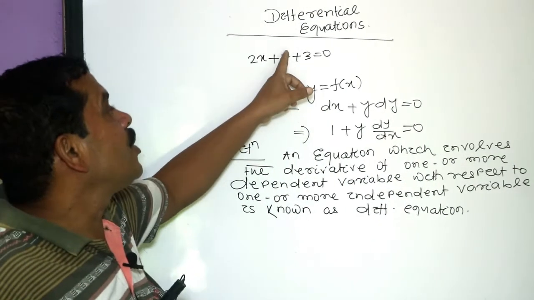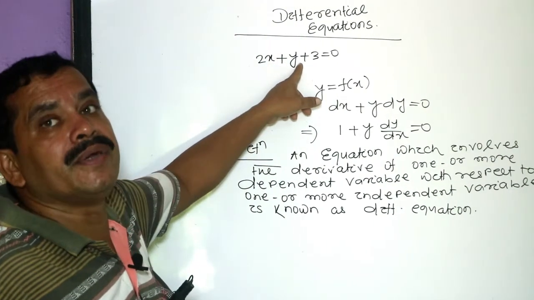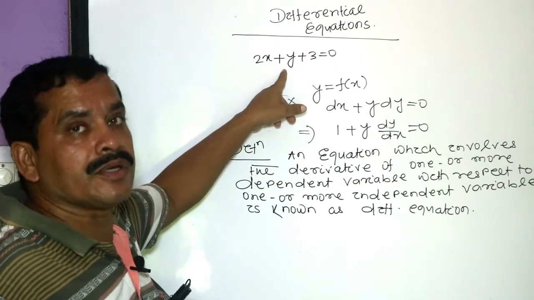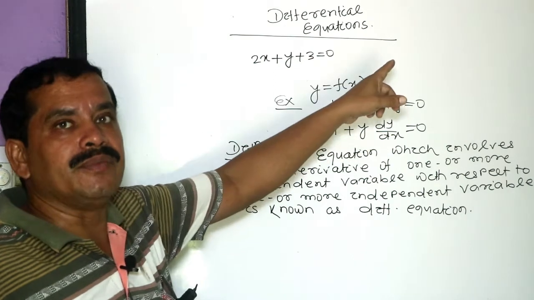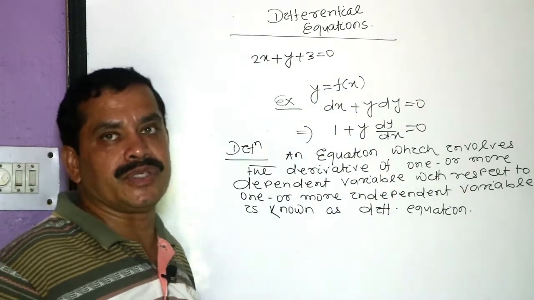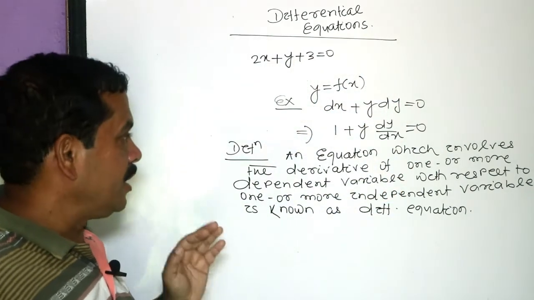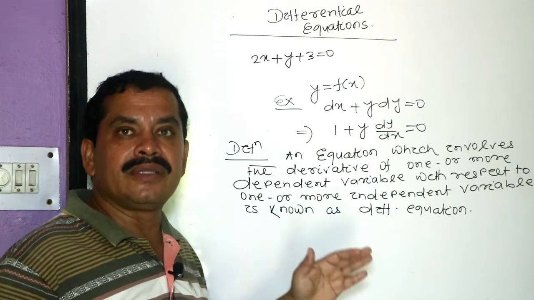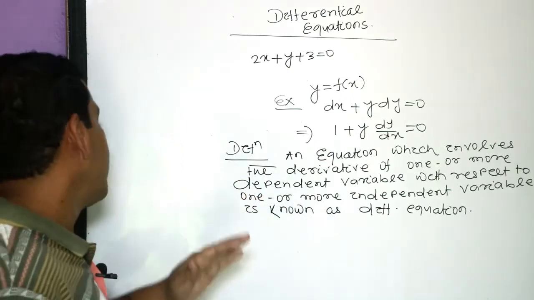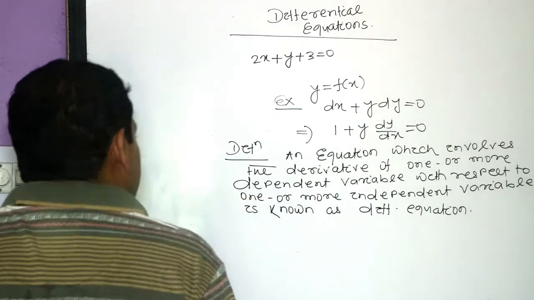This equation does not involve the derivative, so it is an algebraic equation. But here the equation involves the derivative, so it is a differential equation. That means a differential equation is an equation which involves the derivative.